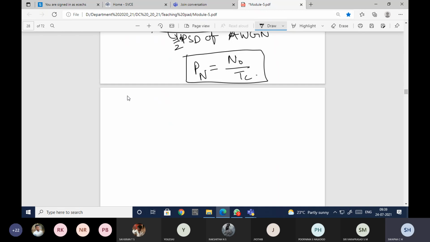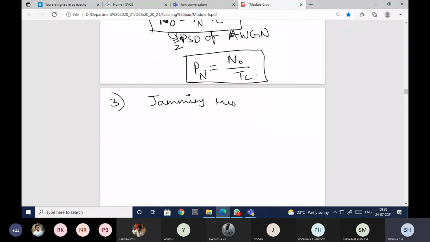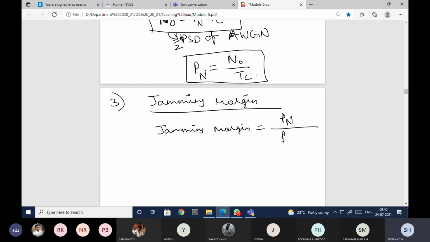Now the last parameter, jamming margin. From the name itself, it says how much jamming can be introduced. That will be given by the jamming margin, and generally this jamming margin is nothing but the ratio of Pn by PR.